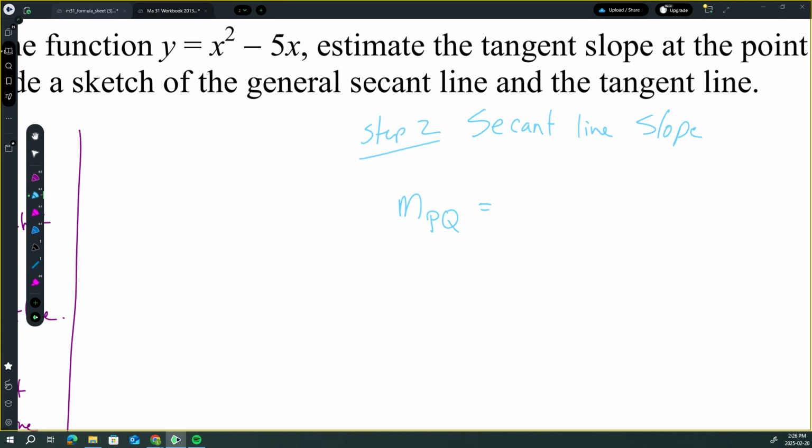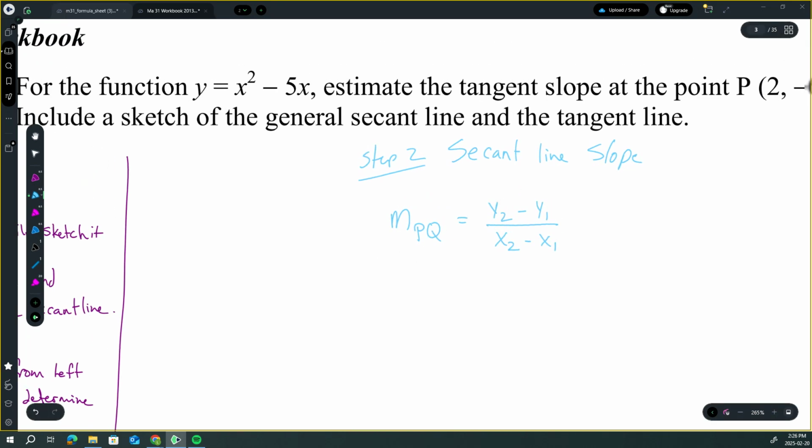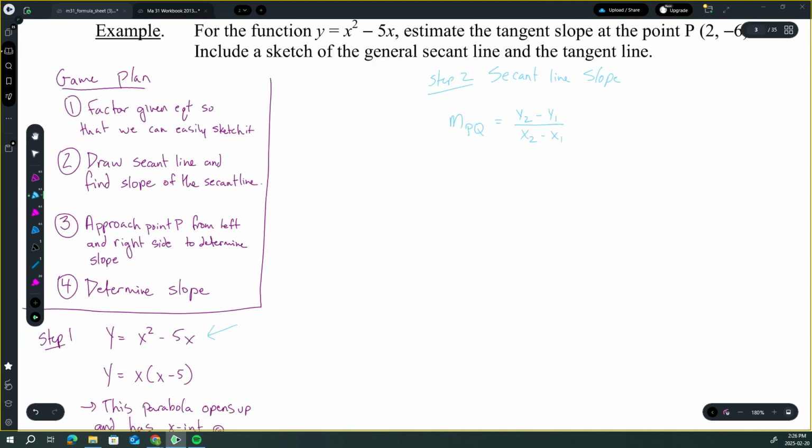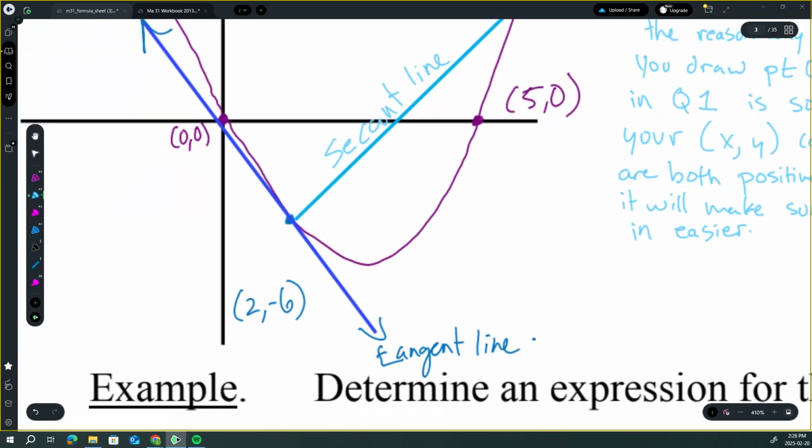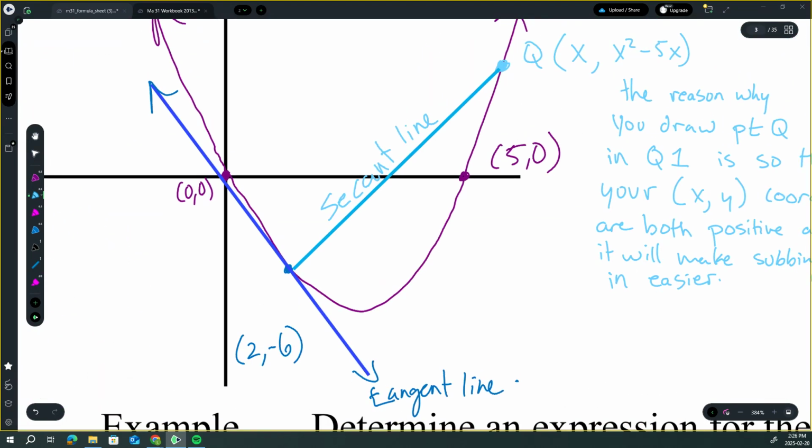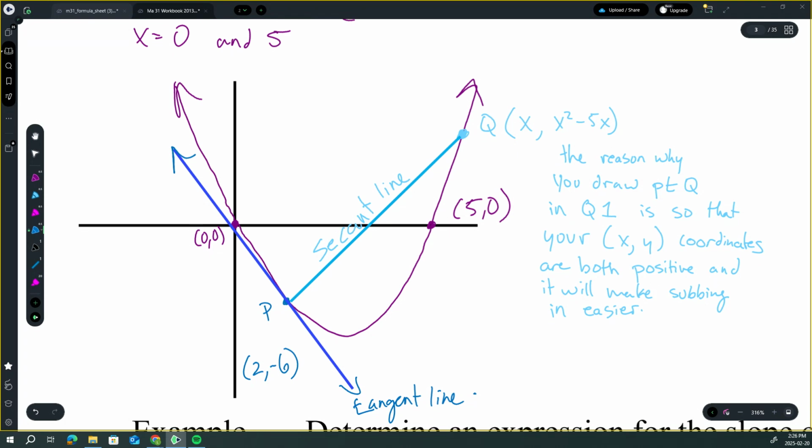So remember, slope is equal to y2 minus y1 divided by x2 minus x1. Now arbitrarily, I'm going to say that point P, which I should be labeling here, so that (2, negative 6), I'm just going to say that that's my x1, y1, and then point Q, I'm just saying that's my x2, y2.